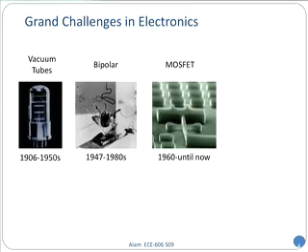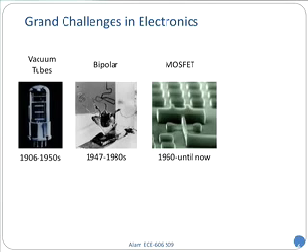Okay. Then from 1947 onward, you can see the transistor, and by the end of the course, you will know exactly why the transistor has this wedge-shaped form and how it functions. And that was the next 30 years. And then there is this MOSFET from the 1960s onward, and that is what we still have in our microprocessors today, right?